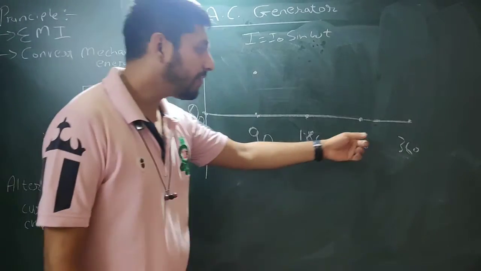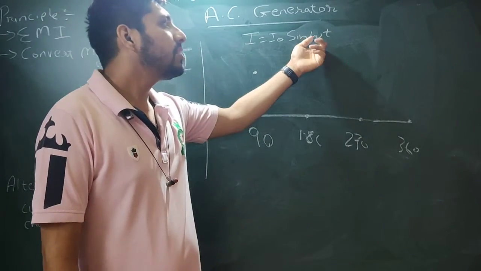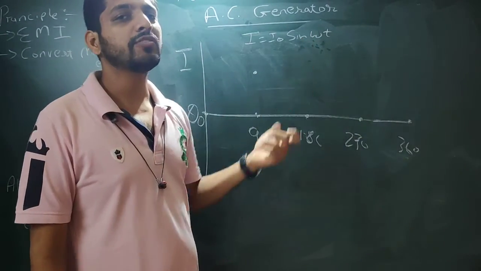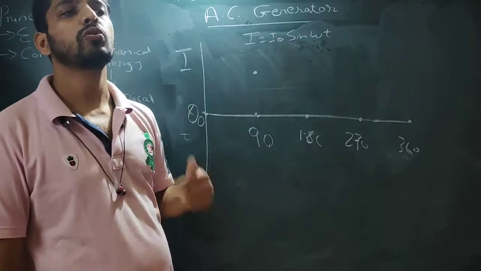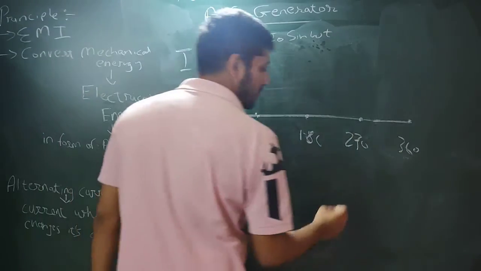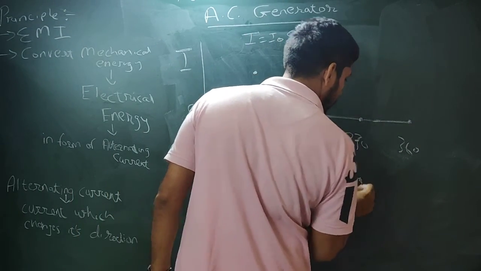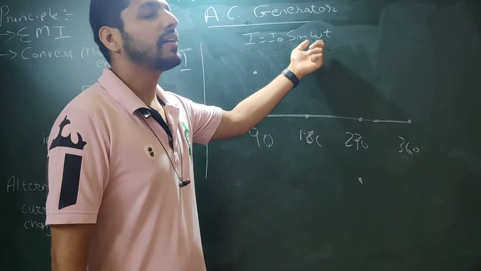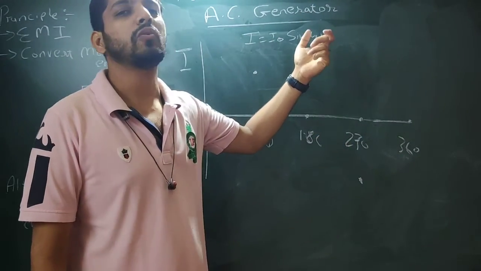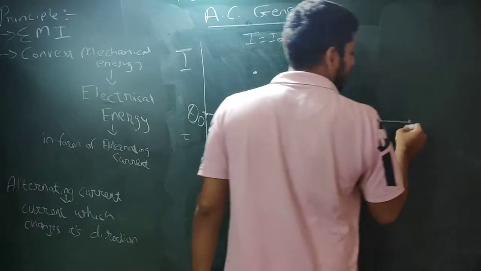Now after that, if we move towards 270, the value of sine 270 is minus 1, which means that the value will be highest but in the opposite direction, or you can say in the negative direction. So let us say it will be somewhere over here, and once again at the last point, that is 360, sine 360, or you can say sine 2 pi, is equal to 0, which means that the value of current will again be 0.